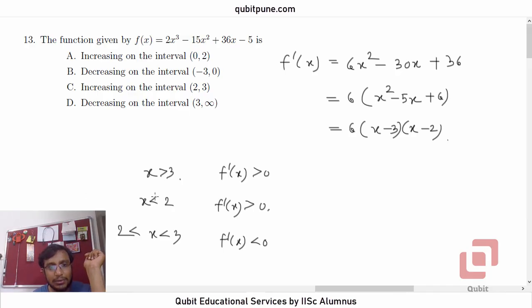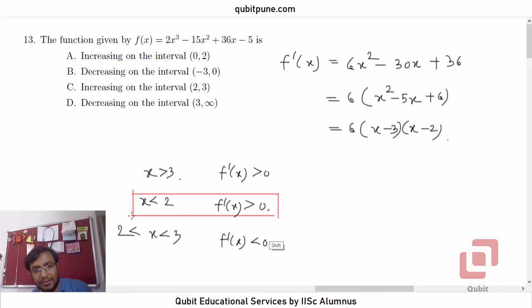Increasing on the interval 0 to 2. Well, that's right, because when x is less than 2, f dash of x is positive, and x less than 2 means from negative infinity to 2, and our interval 0 to 2 actually belongs to this, a subset of negative infinity to 2, so that's the right option.